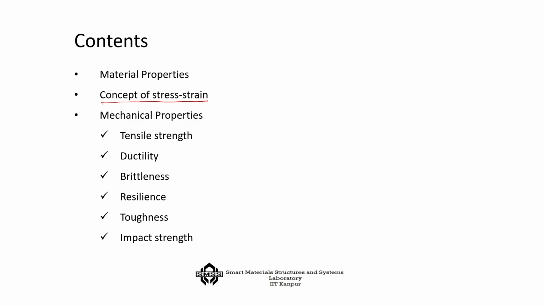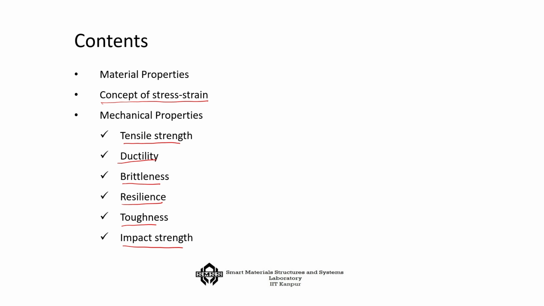So, from that point of view, I have to introduce the concept of stress and strain, and then extend that towards tensile strength, ductility, brittleness, resilience, toughness and impact strength. All these things will come one by one once we understand the basic concept of stress and strain.